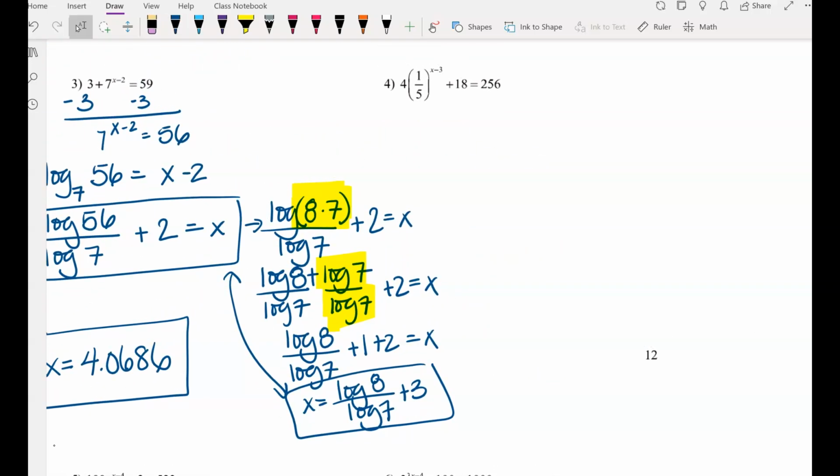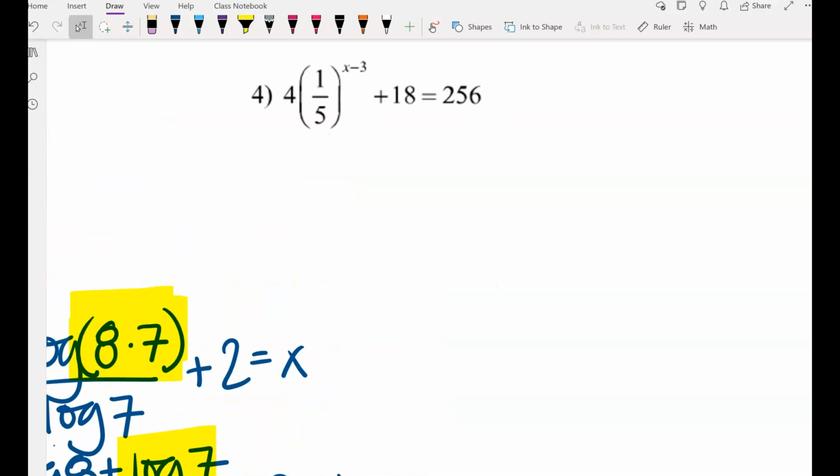Okay, so for this one, I'm going to ask you to do me a favor, please, and just change this right here to 258, just like that, okay? All right, so follow the guidelines, isolate your base.